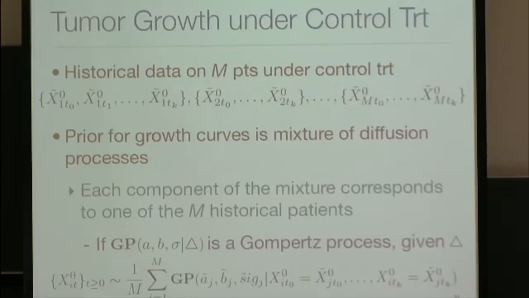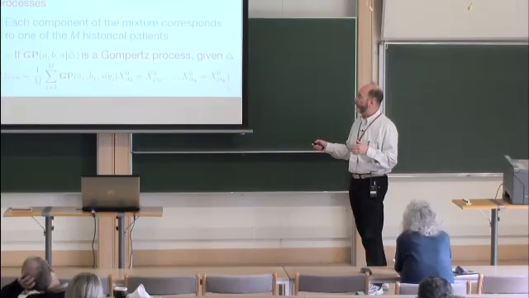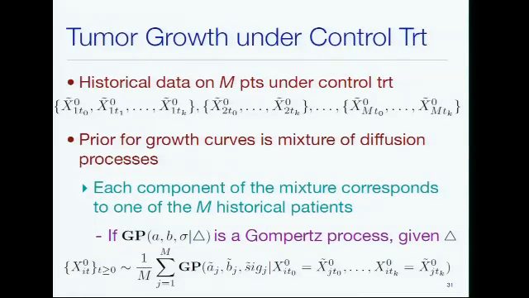And in fact, we're also going to use the historical information in a somewhat novel way as our prior for the new study that we're going to design. So we treat these historical values at discrete times as fixed, and we're going to use the Gompertzian model to actually just interpolate between observed times for a given patient.